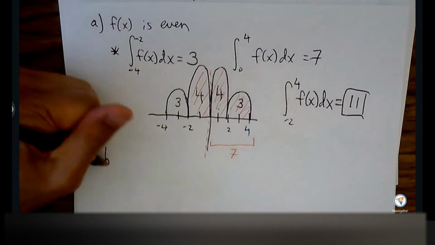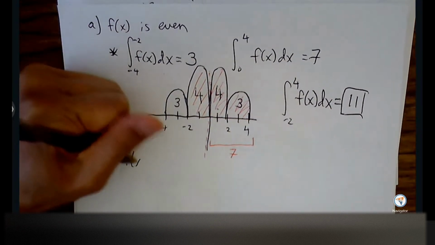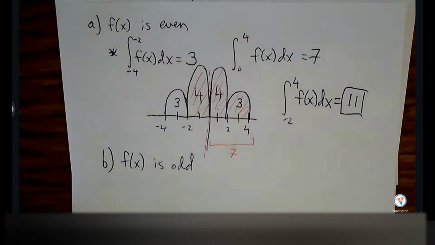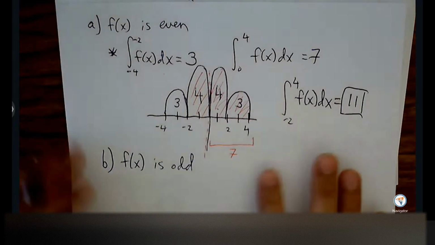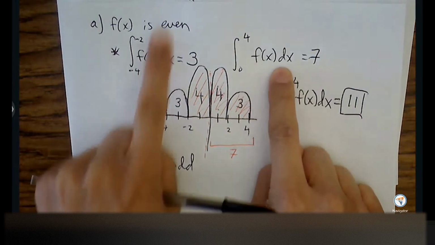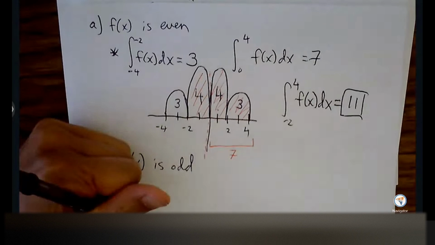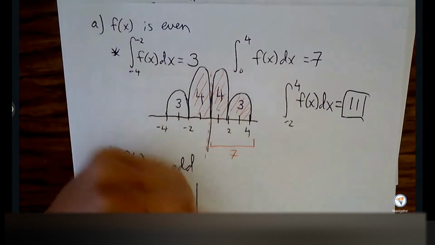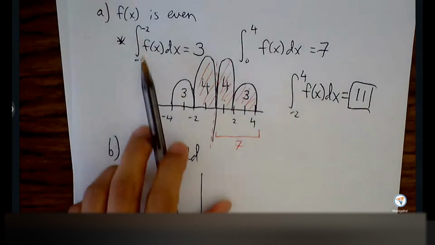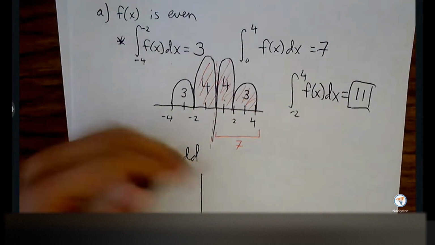Okay, part B, let's do a function that is odd. So same information, but now the function is odd. So we'll go from -4 to -2, we'll call it 3.